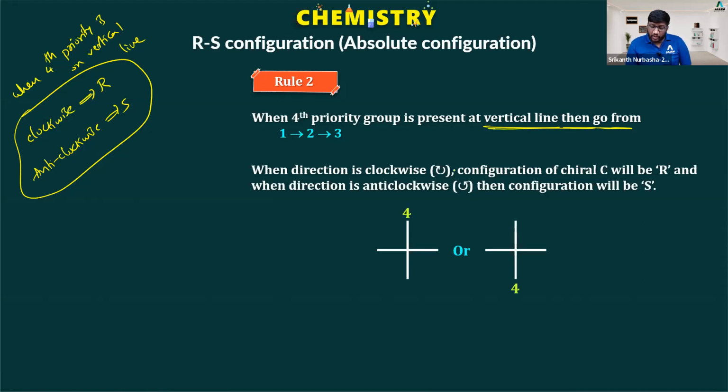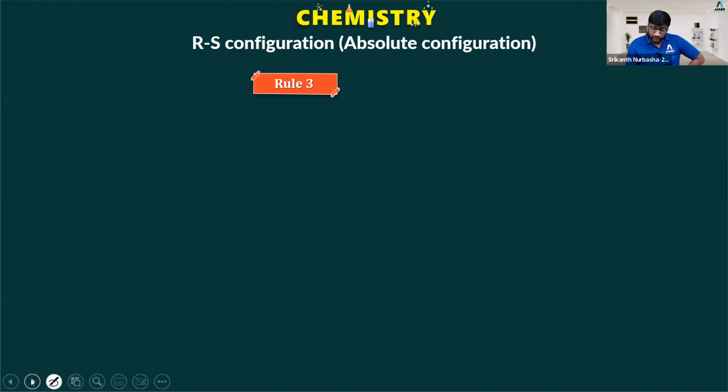When the direction is clockwise and the fourth priority group is on the vertical line, then clockwise means R, anti-clockwise means S. Yes or no? When the direction is clockwise, the configuration of the chiral carbon will be R, and when the direction is anti-clockwise, then the configuration will be S. This is a rule you have to follow when the least priority group, or the fourth priority group, is present on the vertical line.